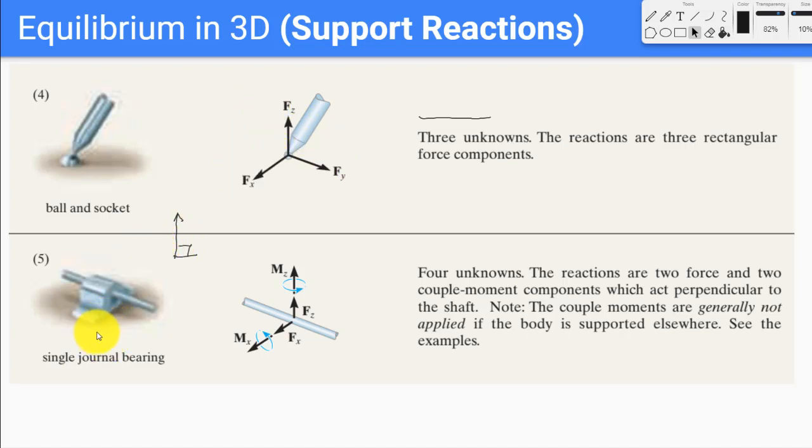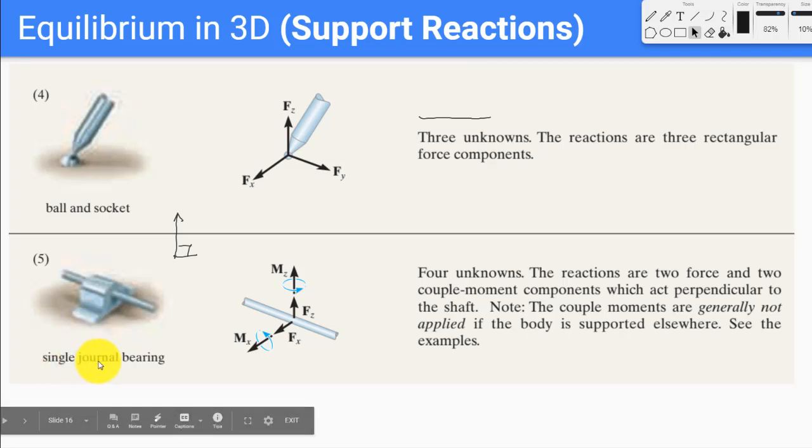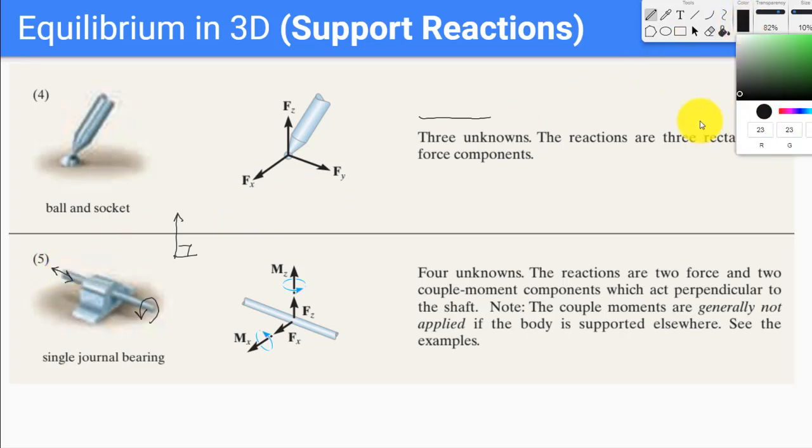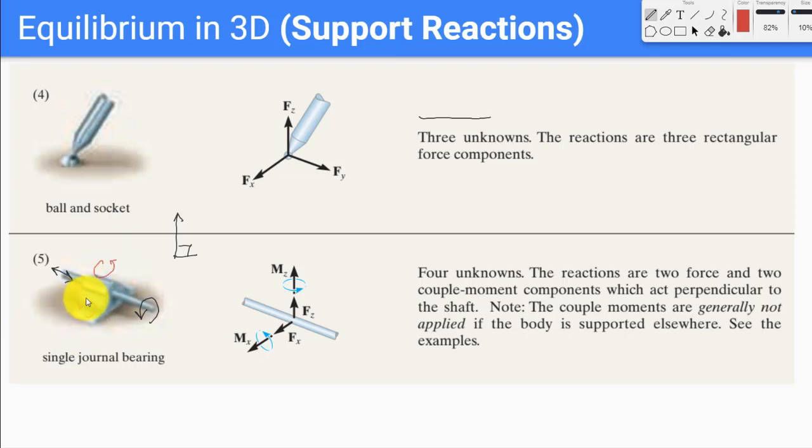And the next case is that of a single journal bearing. A journal bearing is something which allows rotation in this direction, and it would also allow translation along this direction. What is not allowed, I can show that with red: rotation is not allowed along the z-axis, and it's not allowed along the x-axis, and translation along the y and the z-axis is not allowed.